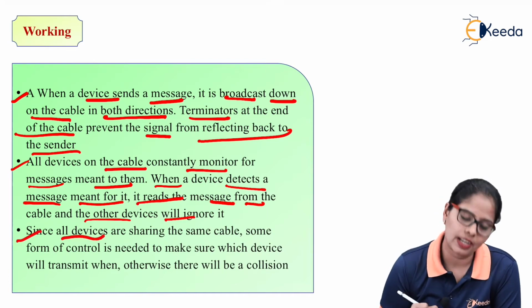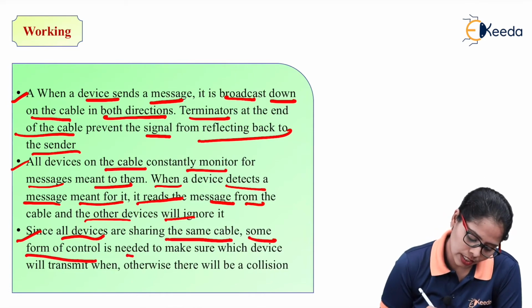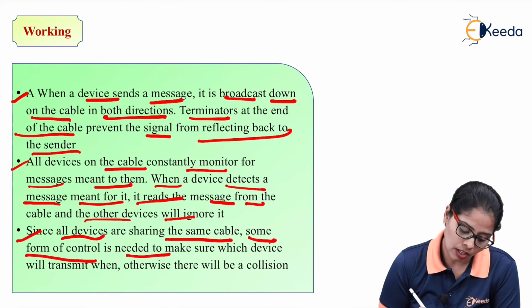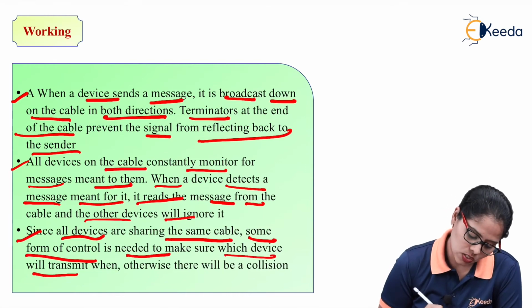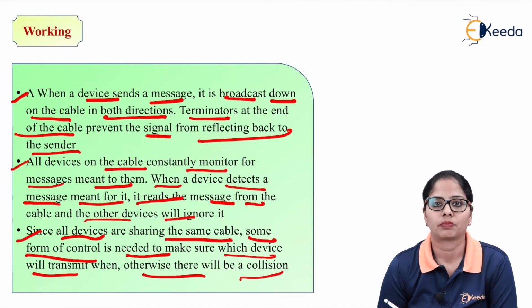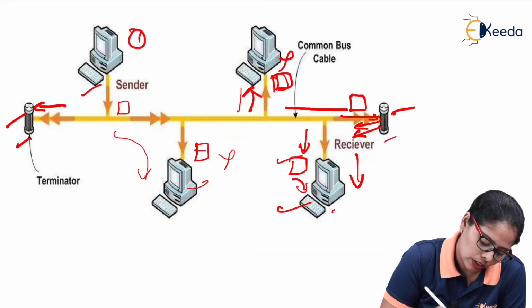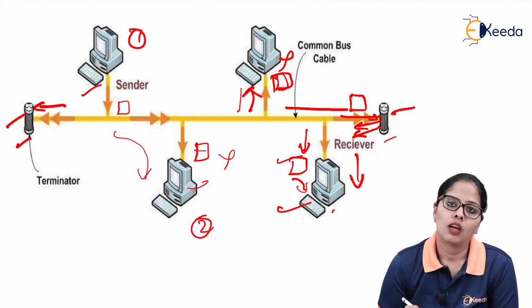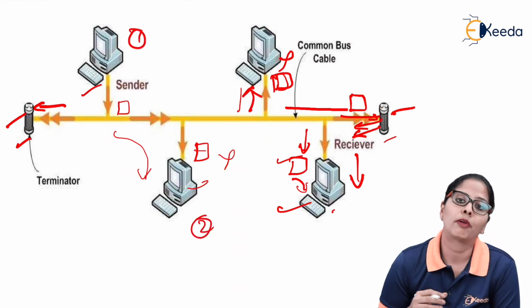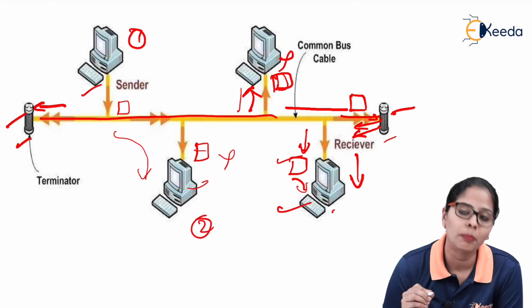Since all the devices are sharing the same cable, some form of control is needed to make sure which device transmits and when, otherwise there will be a collision. Now see here, this is computer 1 and this is computer 2. There should be proper access control because the cable is common.